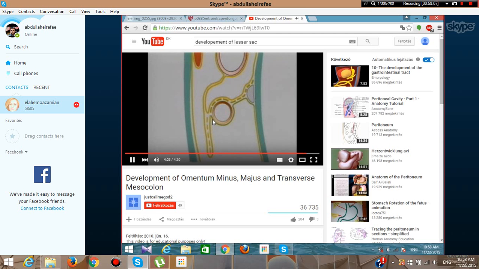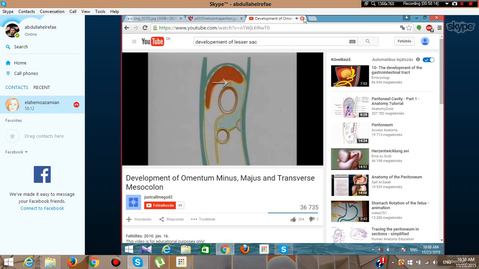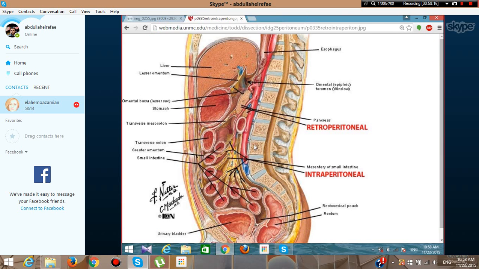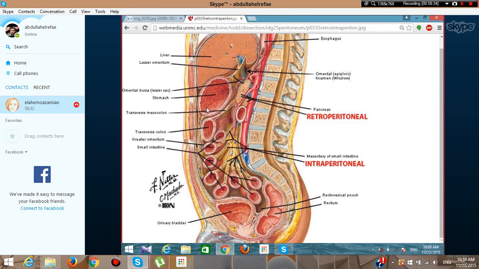Now you have 2 layers. Do you see the space between these 2 layers? So you also have a recess between the 2 layers of the greater omentum. So the recesses of the lesser sac: the splenic one, then superiorly between the liver and diaphragm, and then inferiorly between the 2 layers of the greater omentum.